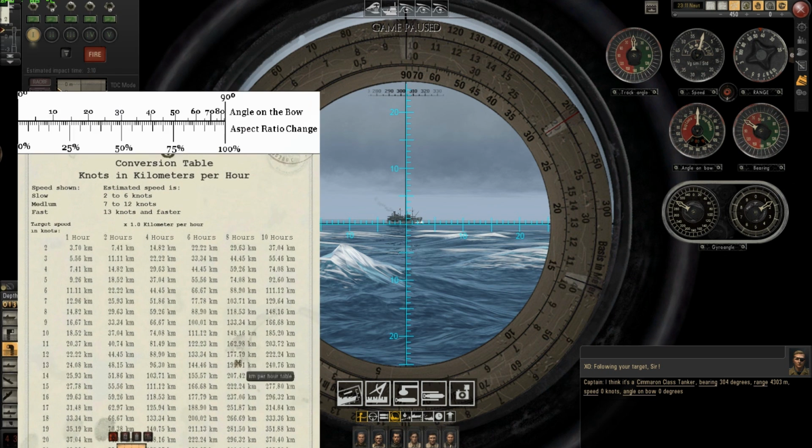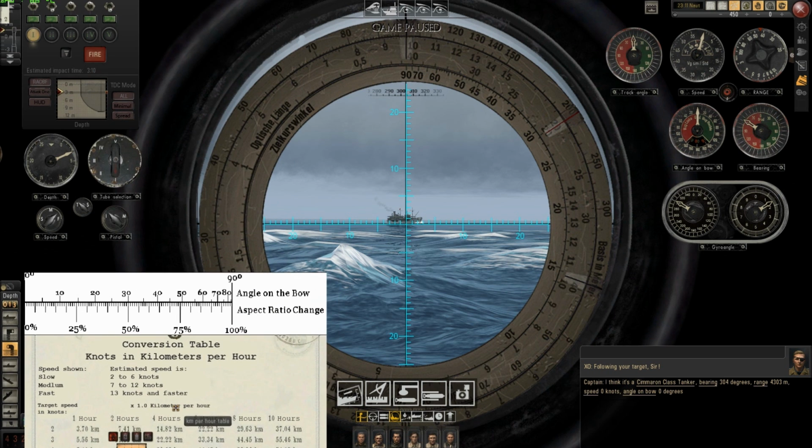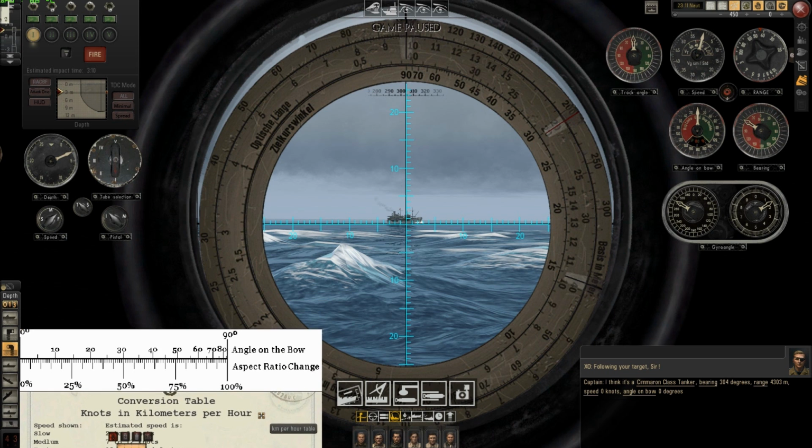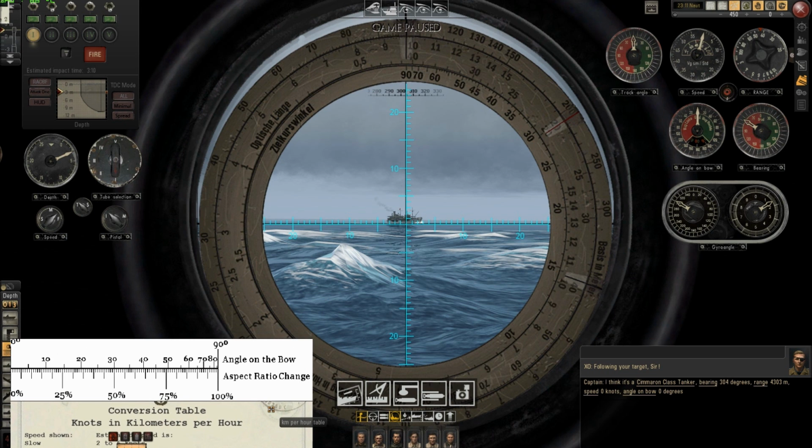Okay, so here is my angle on bow approaches 0 slide ruler, you see. Okay, so here is the formula. Now I must calculate the aspect ratio that I observe here, you see. In this position I observe my ship.